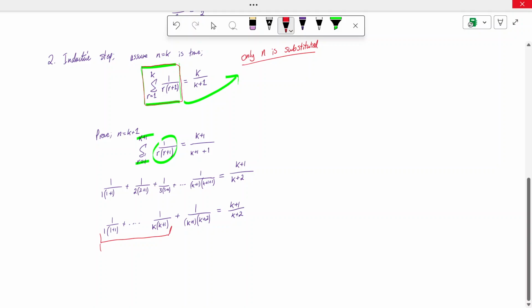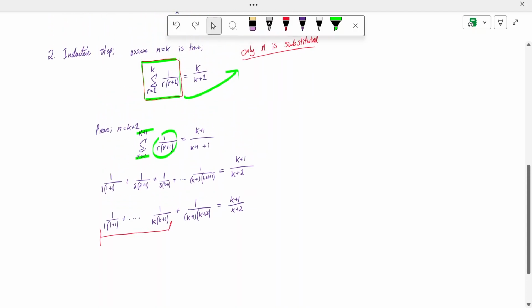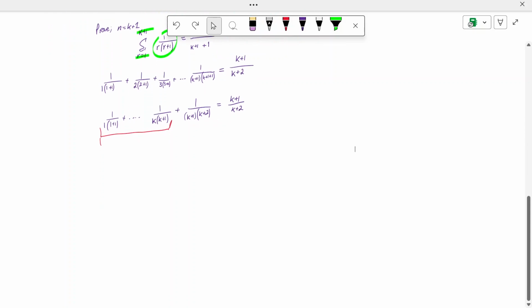And all of that sum right there is equivalent to k on k plus 1. So this is really nice because all of a sudden I can substitute this entire sum out for that thing in my assumption, which is k on k plus 1. Nothing else is going to go away yet.